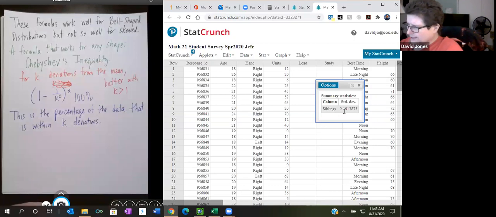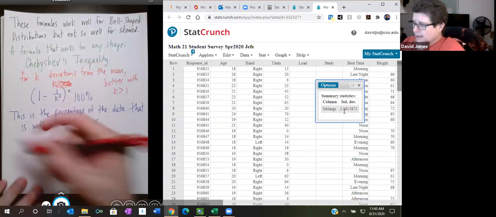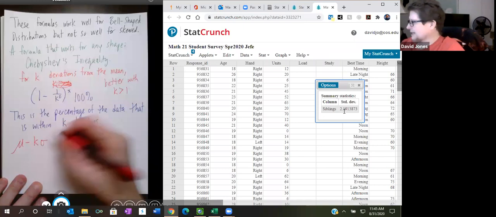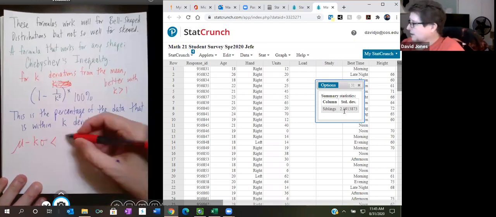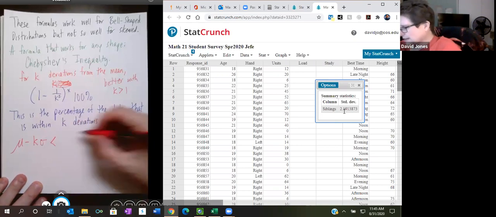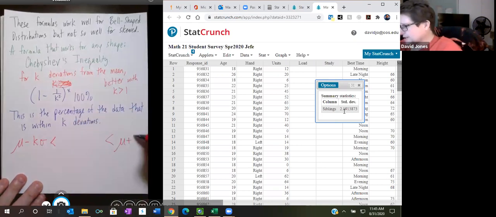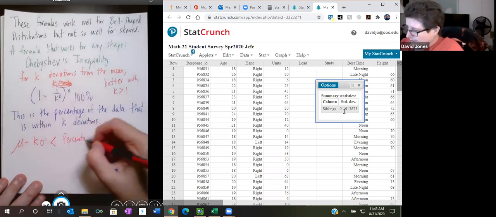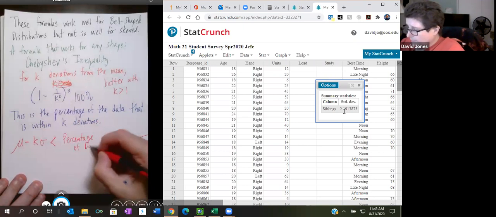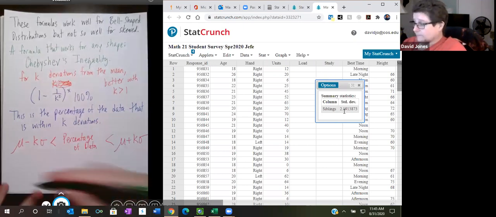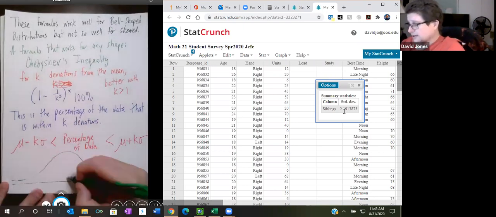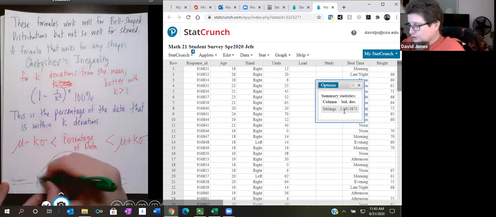And what this will give us is, if we take the mean and we subtract k deviations times that value, sigma, the standard deviation, and we have mu plus k deviations, then the percentage of the data that's between is in the middle. Like if you were to make a hump, and here's our center, and we go out, let's say k equals 2.